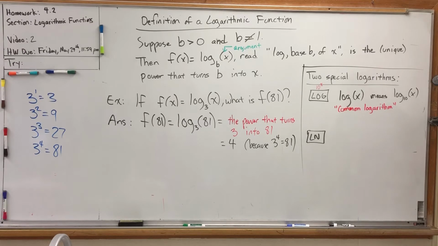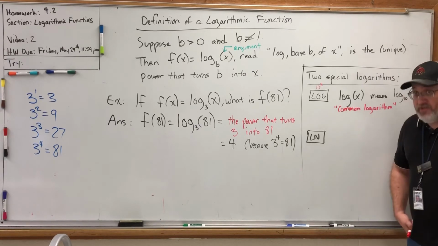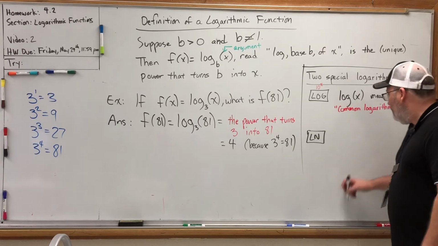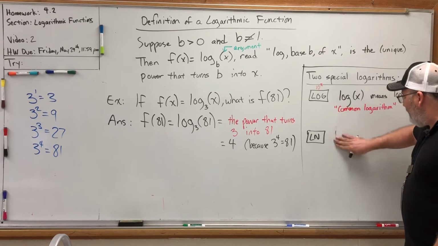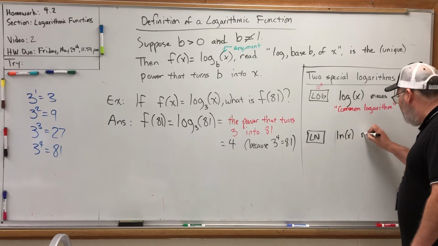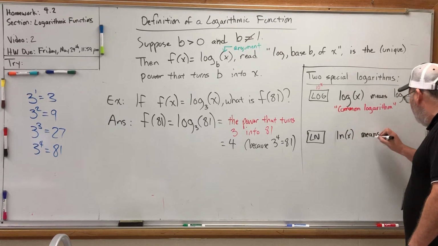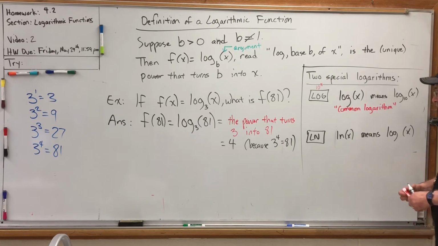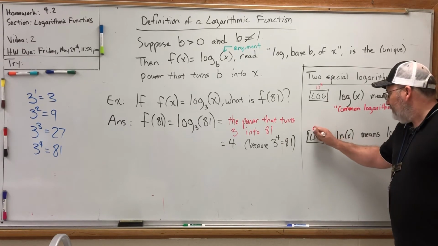So that being said, if you have your calculator, take a look at the ln button and what's above it, and see if you can predict what I'm going to say here. Because ln is also a special logarithm. Ln x means something special, something specific. It's a log with a predefined base. Do you know what the base is? Well, what's above the ln button? E to the x.